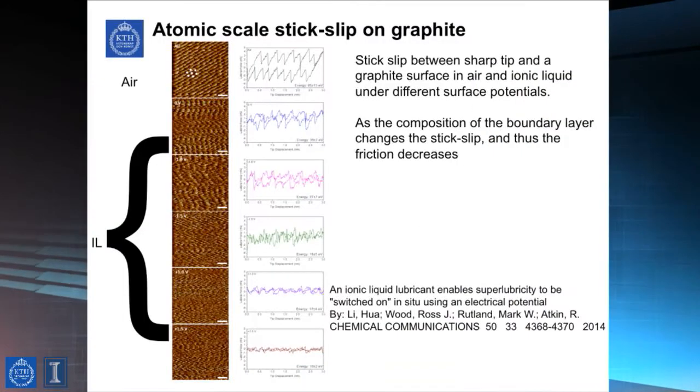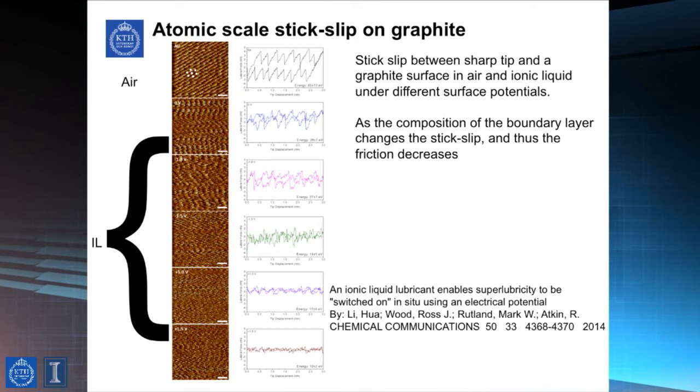So if we take an AFM tip at very, very high resolution and slide it over a surface, we can actually measure the atomic stick-slip events associated with that tip being slid over the atomic features of the surface.